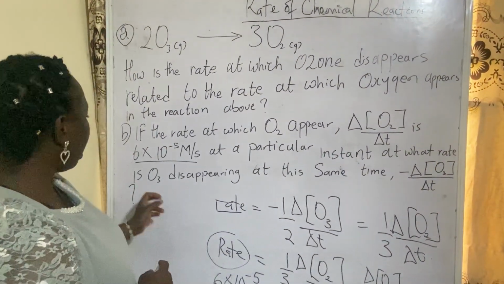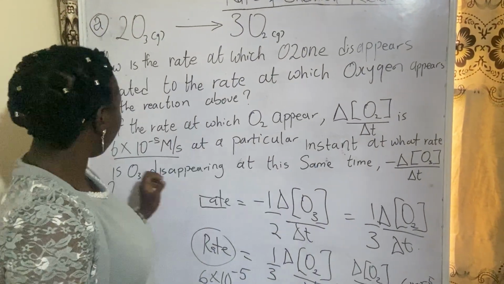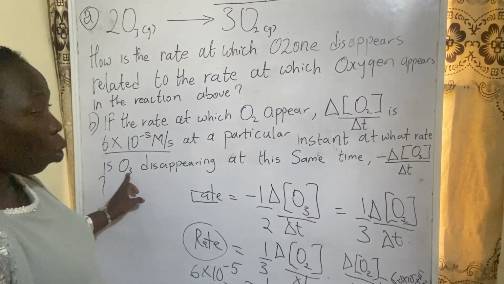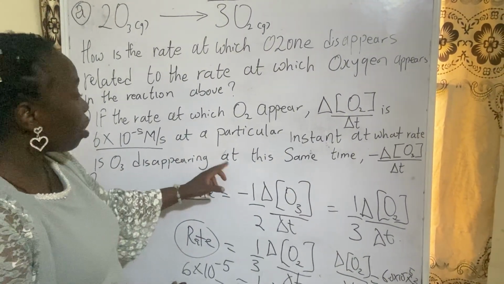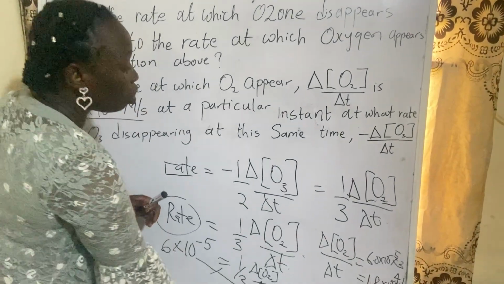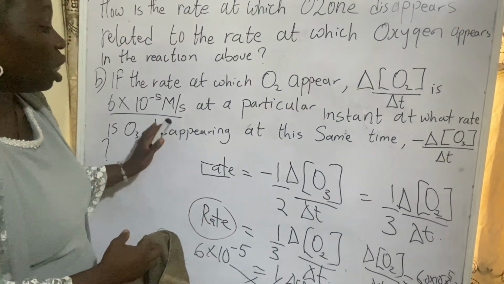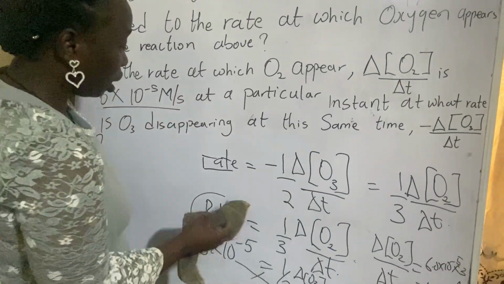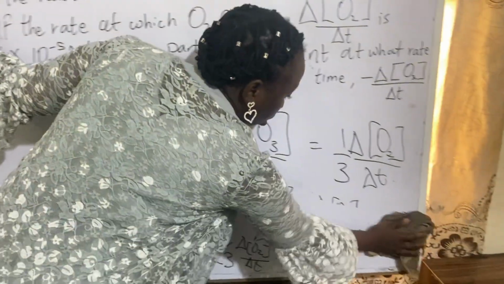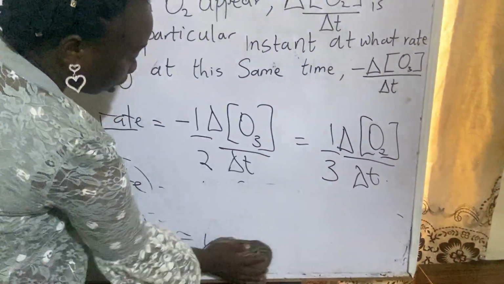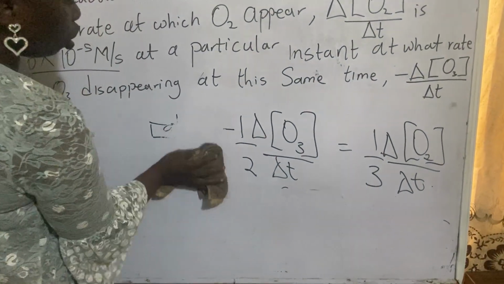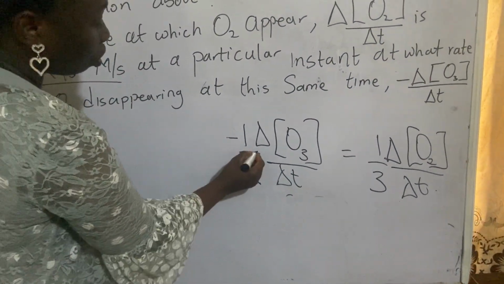So the next one, they said at what rate is ozone, O3, disappearing. So we still need to relate that value to the rate at which ozone is disappearing. So you will put the value 1.8. You have gotten your rate. This is how it relates.